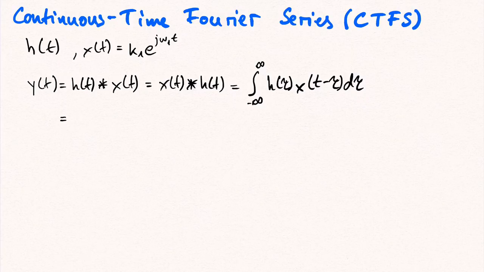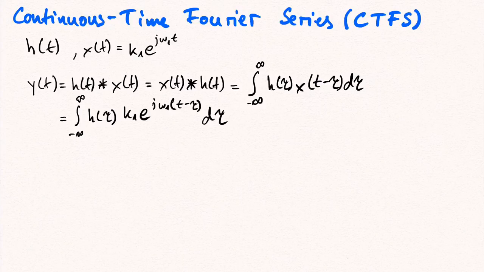Replacing h and x gives the integral between minus infinity and infinity, h of tau times k1 e to the j omega 1 times t minus tau d tau.